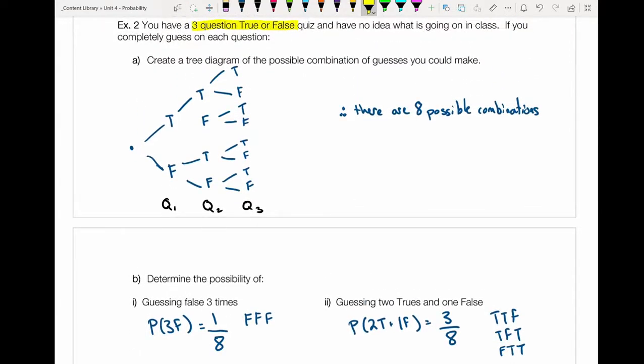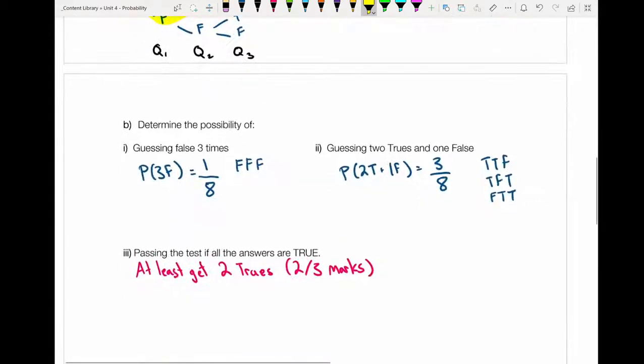The first one, 3 trues, is still good because we have at least 2. Then true, true, false; true, false, true; false, true, true. Those are our only options.